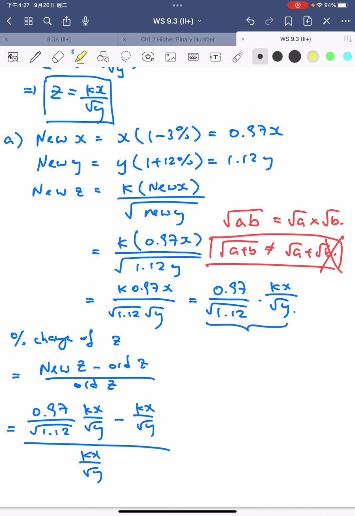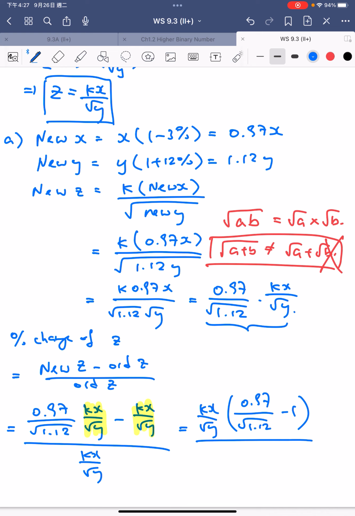As you notice, kx over square root y is our common factor, so we can take it out: kx over square root y times the bracket of 0.97 divided by square root 1.12, minus 1, then divide by again kx over square root y.